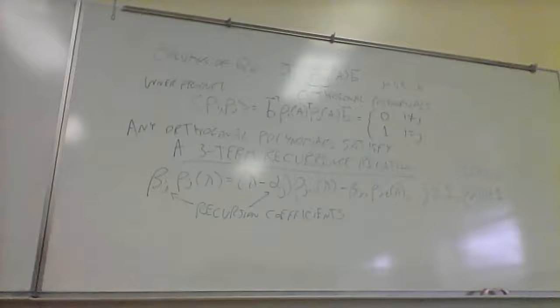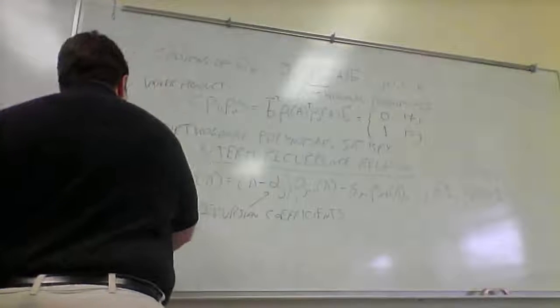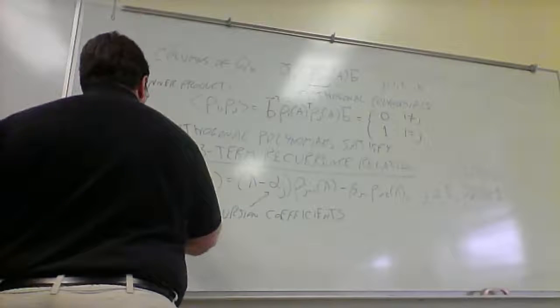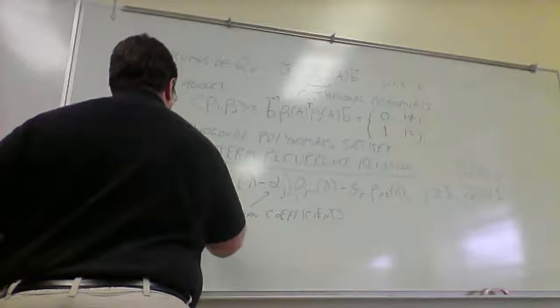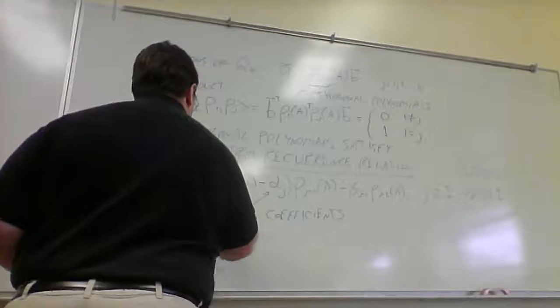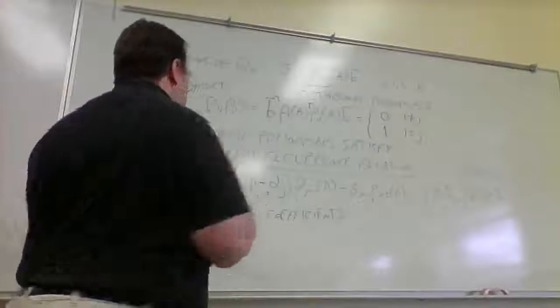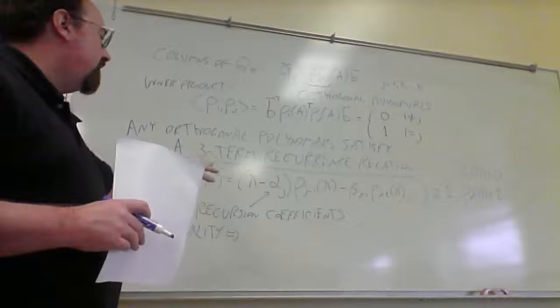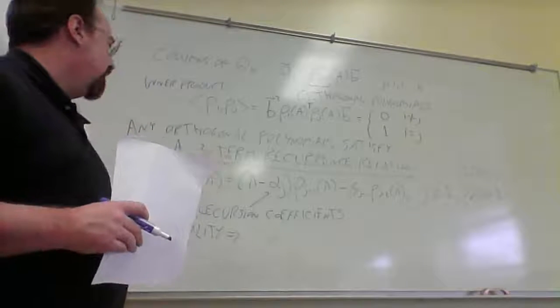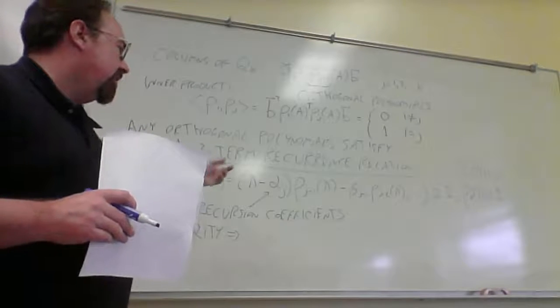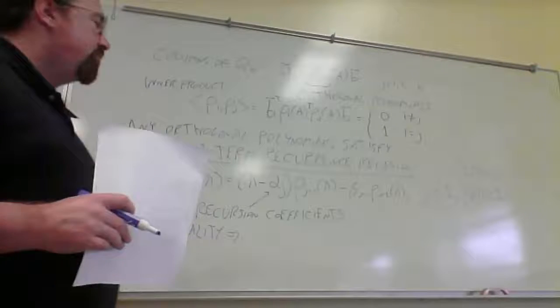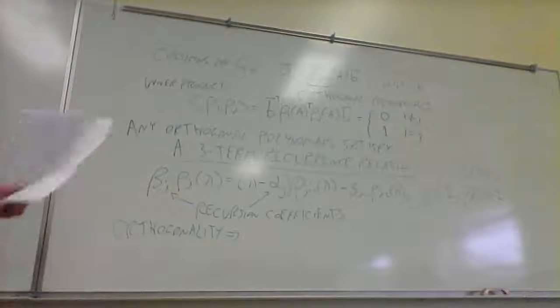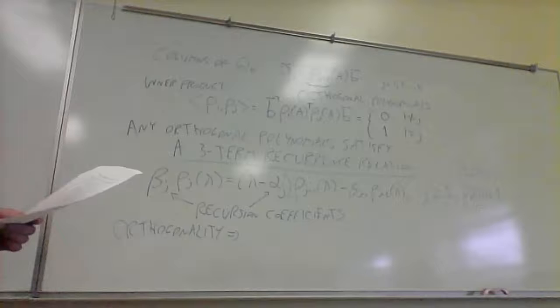Requiring these p's to be orthogonal, I can take this recurrence relation, take the inner product of both sides with p_k, and certain terms will drop out, and that's what gives me formulas for the alphas and betas.